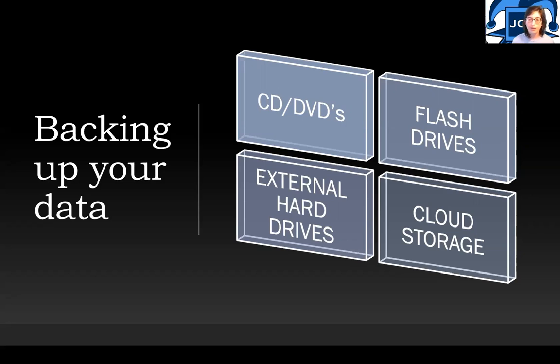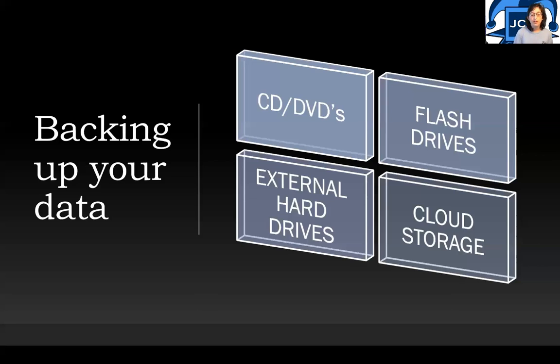So the second method that we're going to weigh out the different pros and cons on are flash drives. So the cost of a flash drive is very low, and that tends to be kind of the replacement for CDs or DVDs. Most people now will use a flash drive to store anything that is either temporary or even long-term.